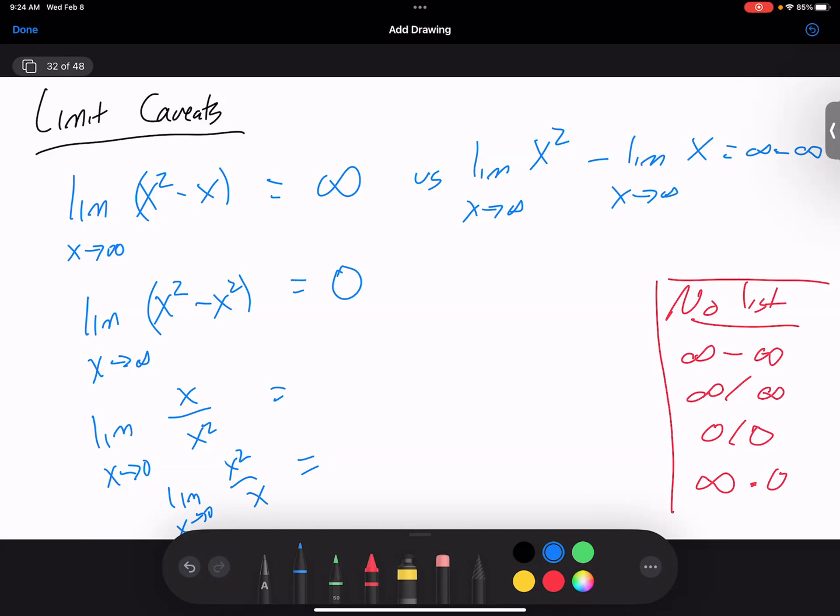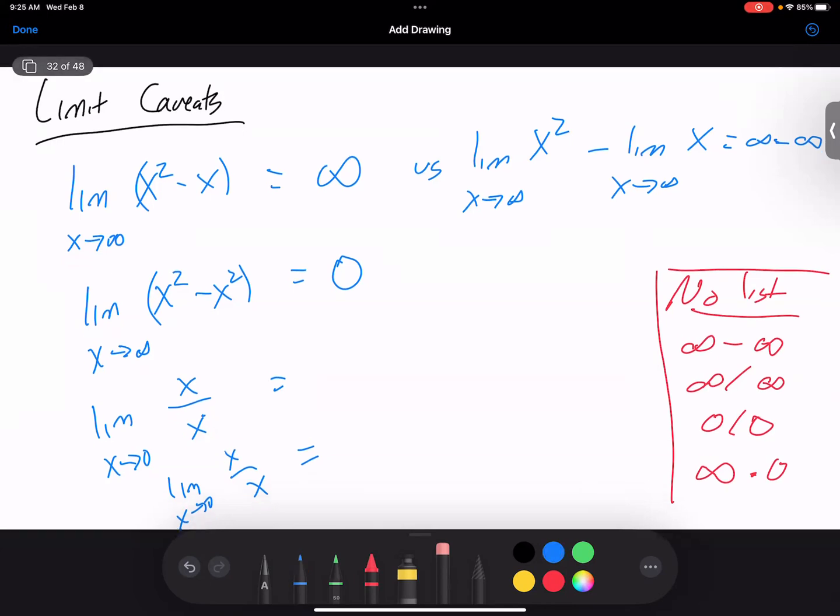What about x over x squared as x goes to infinity? What's this going to go to? Well, I've got 0 over 0. Let's actually tweak it just a little bit. I'll make it x cubed just to be a little bit easier.